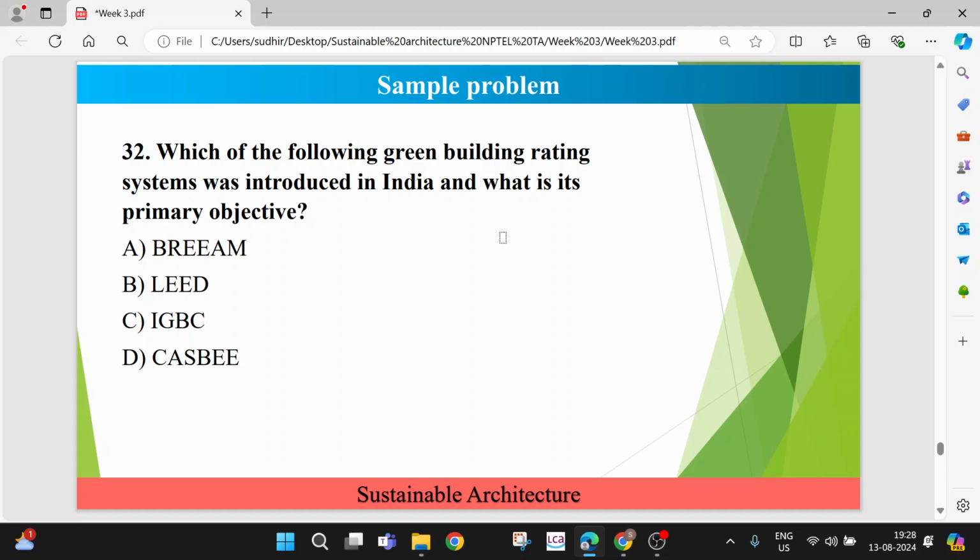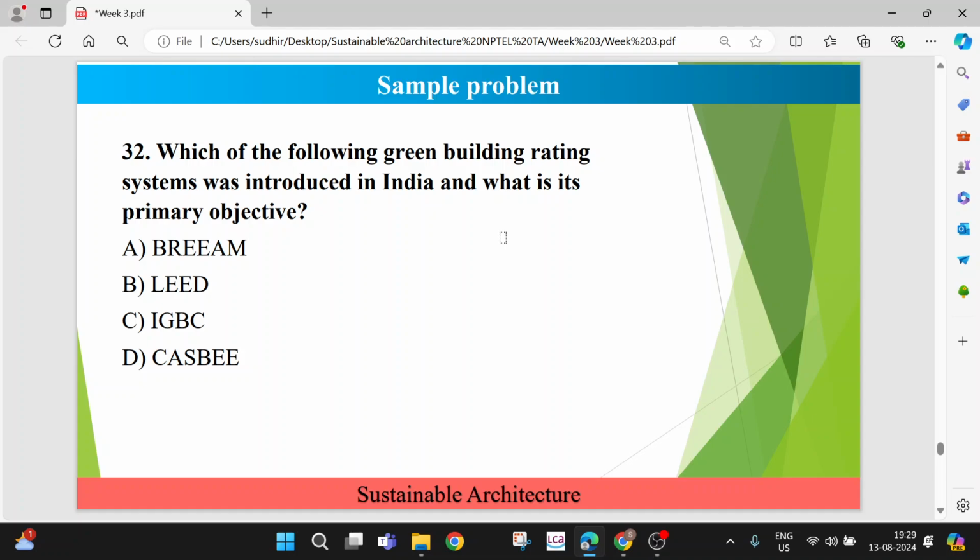So IGBC was initiated in the year 2001, and focuses on promoting green building practices in India and aligning to the local environment and climate conditions. So it is 2001. Is it fine?